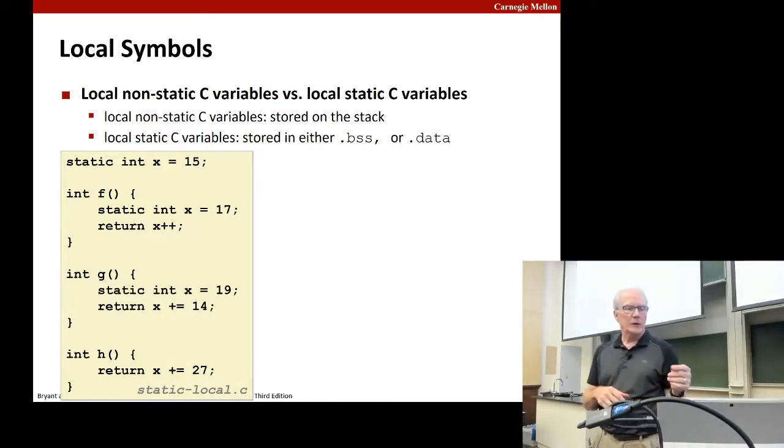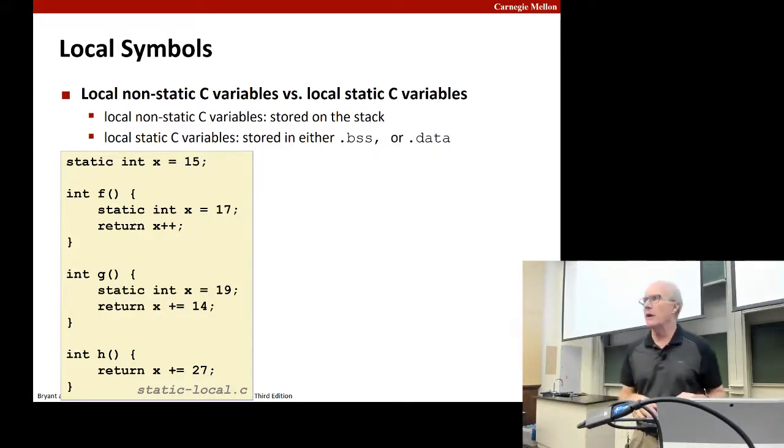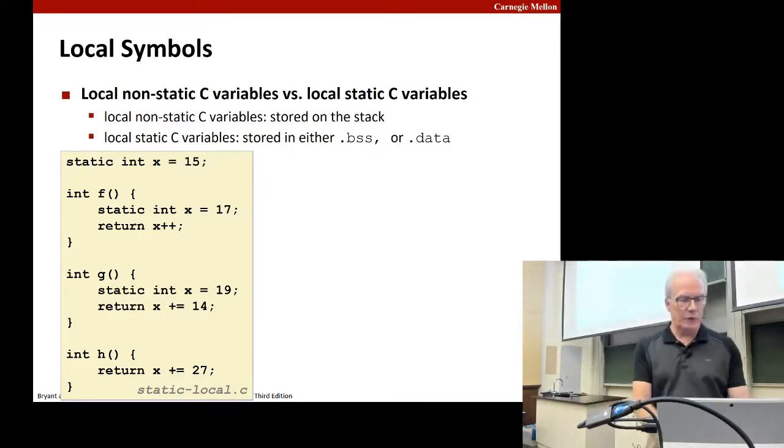The one within f is only accessible by calls to f, and the one in g is only accessible by calls to g. And the other trick is that where it's given a value like 17 or 19, that's only done the first time the function is invoked, and thereafter it won't change.